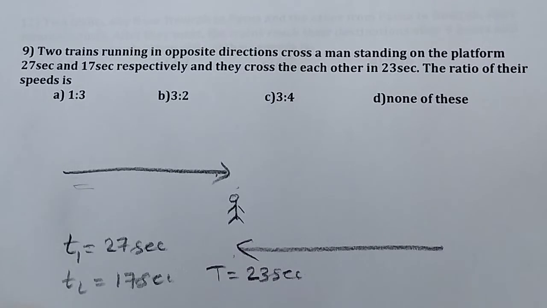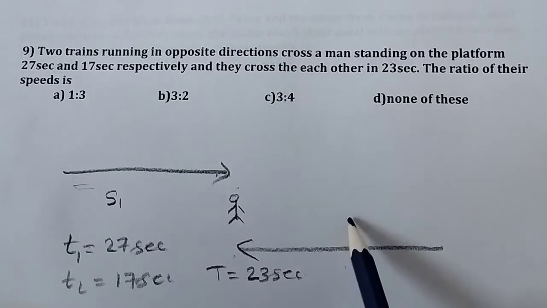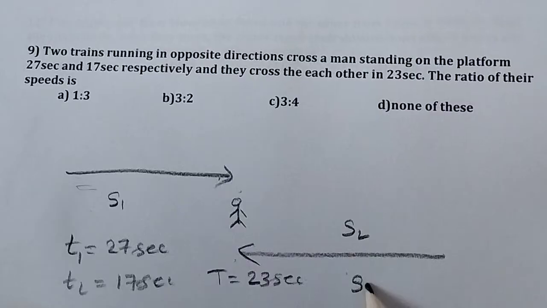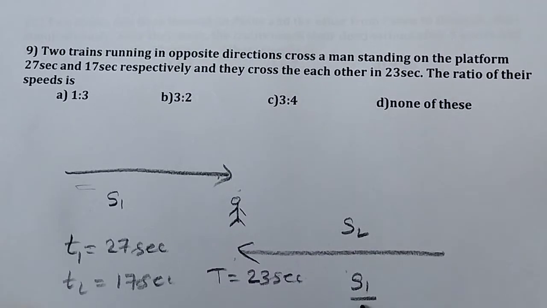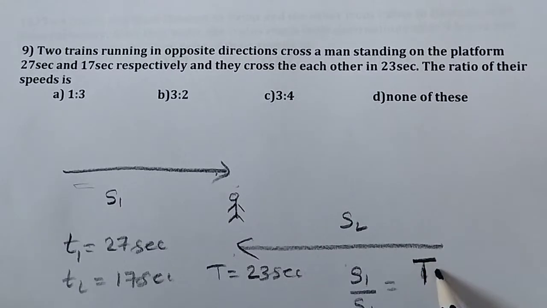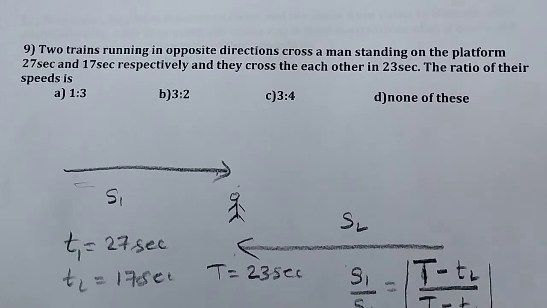Now what exactly is it asking to find out? Simply speed. Suppose speed of the first train is S1, speed of the second train is S2. Now it is asking to find out the ratio between S1 and S2. Now S1 divided by S2, I am going to give one simple formula, that is T minus T2 divided by T1 minus T, take modulus.